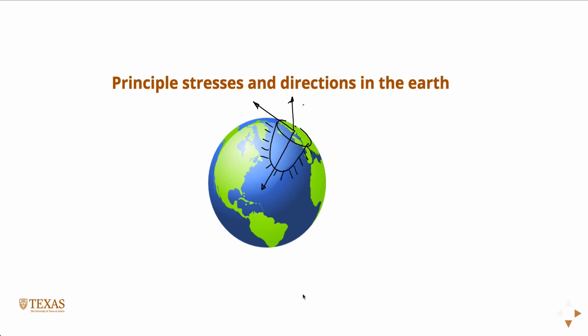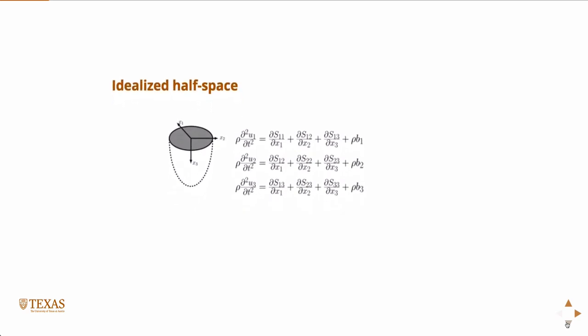So we're going to take that, cut it out of the earth, and plop it down there, and we're going to write down our equilibrium equations, which we had derived earlier.